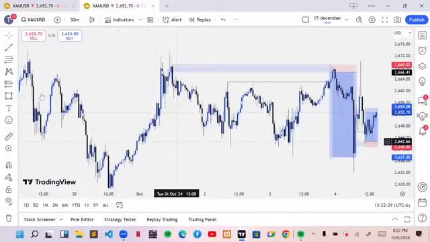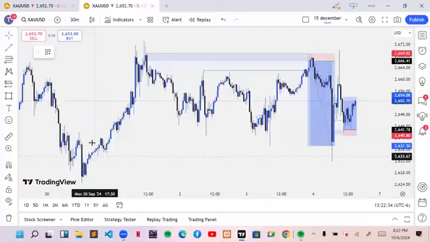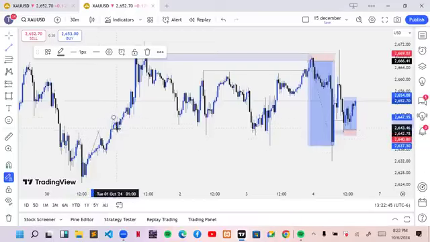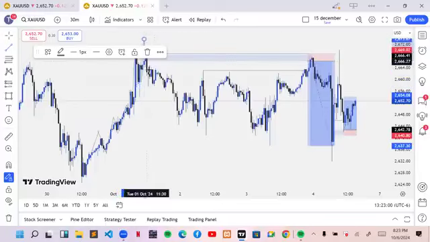Paying attention to this trade right here, you can see the market making a series of higher highs and higher lows. Higher highs, higher lows. Then the market did what?